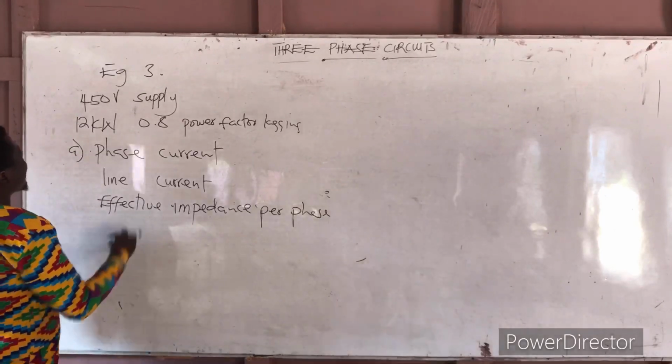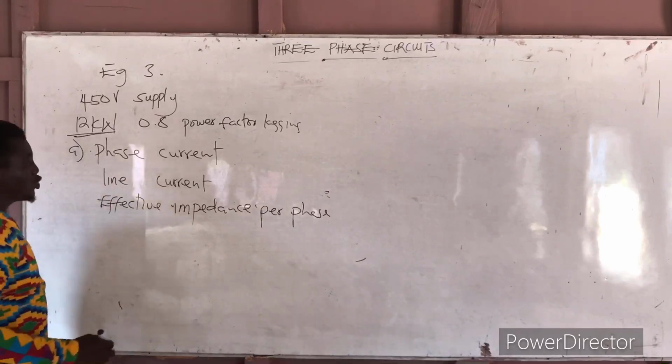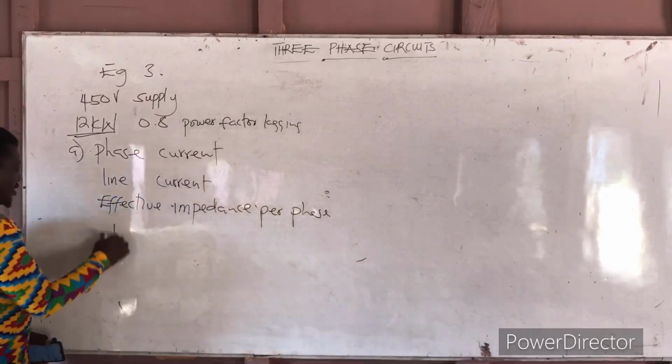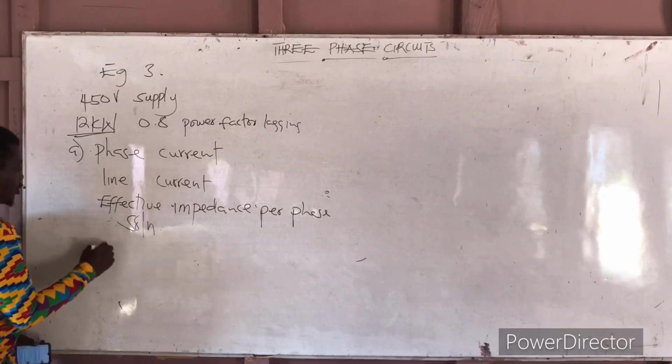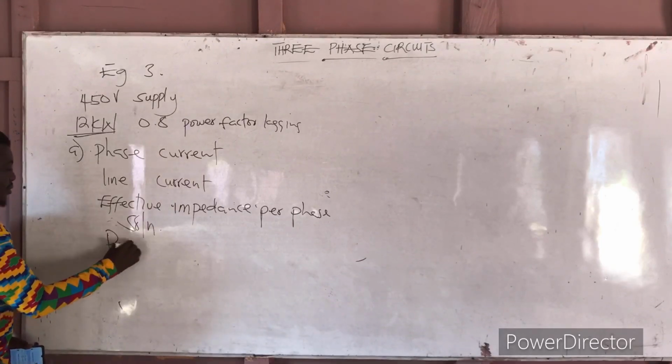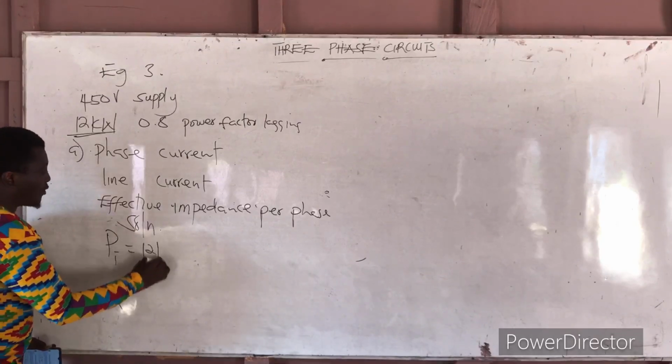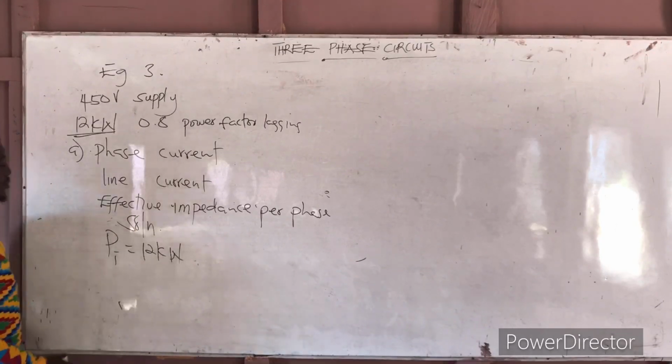So they gave us the total power for the 3 phases. So in our solution, total power PT is giving us 12 kilowatts.